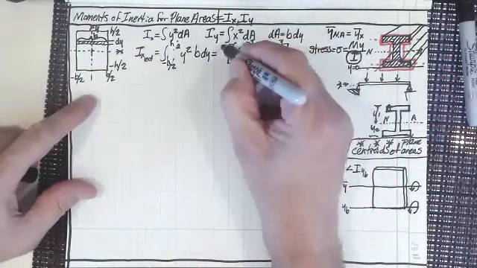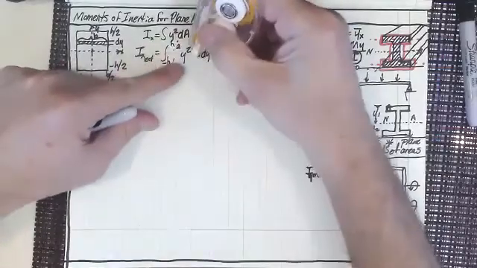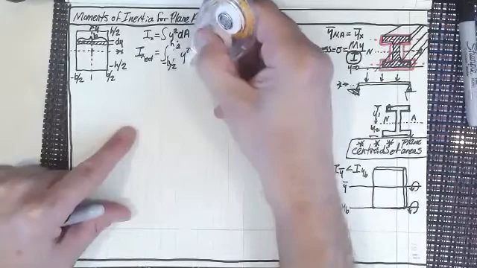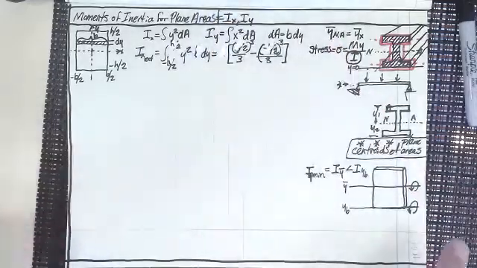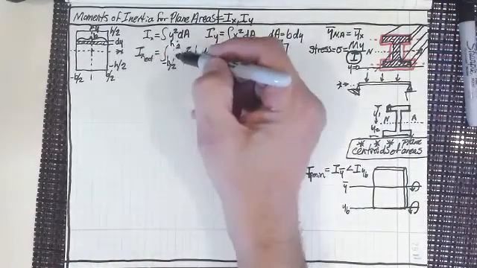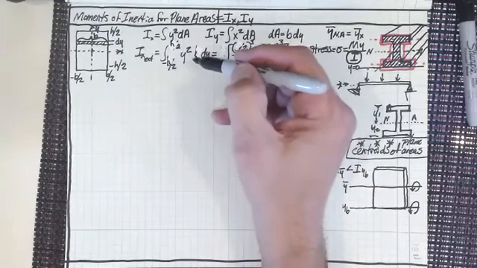Let me look at this for a second again. Yep, I'm going from minus h over 2 to plus h over 2. That's true.